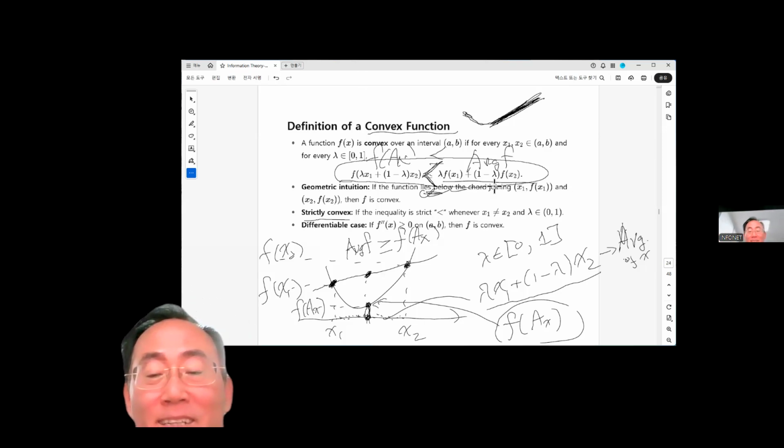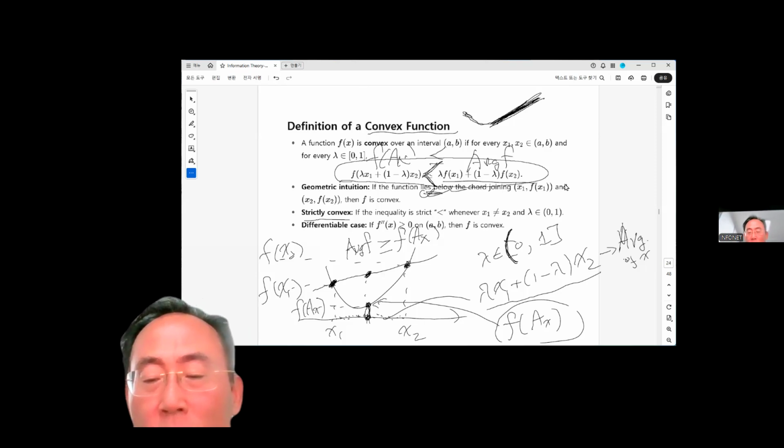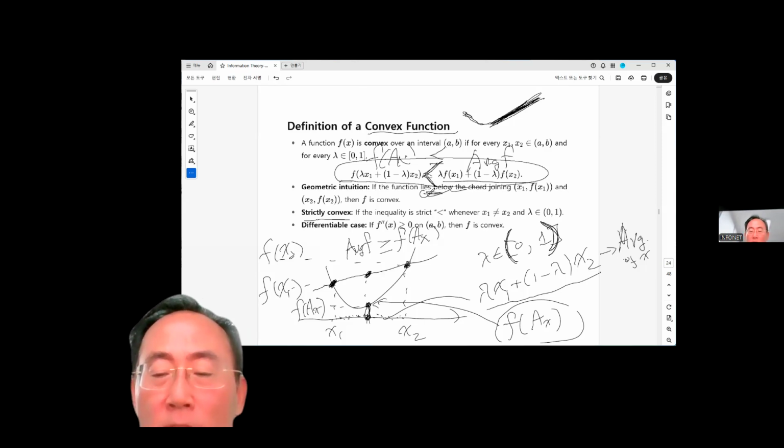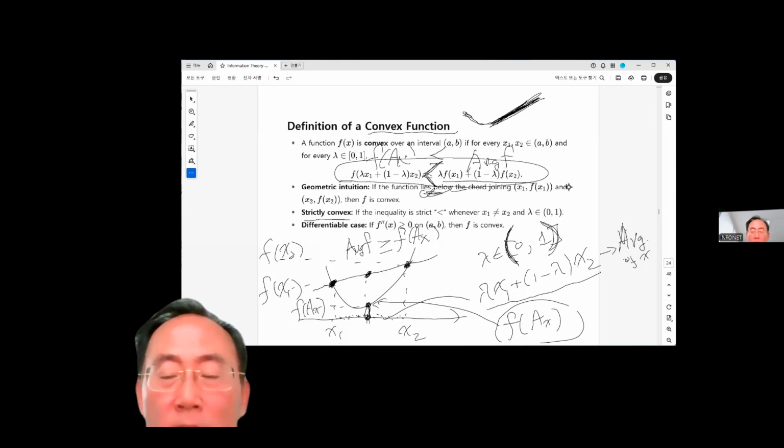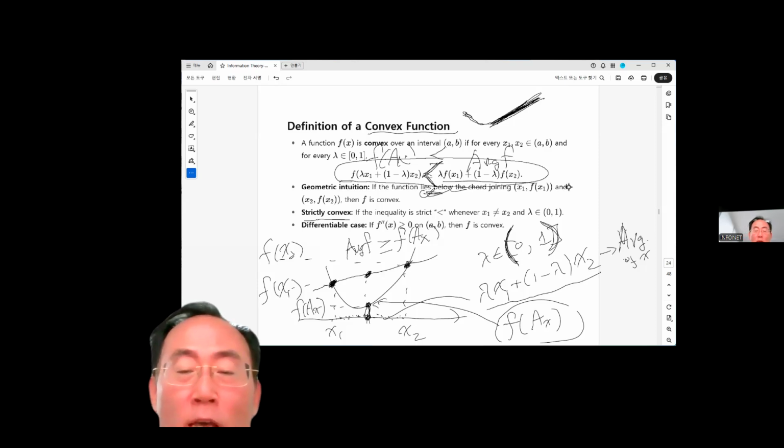Right. So that's the strict convex function f, right? In such a case, in order to not fall into the fallacy, we have to exclude this interval. Lambda is excluding the last point, 0 and the 1. Okay, the endpoint has to be excluded in order to have this.